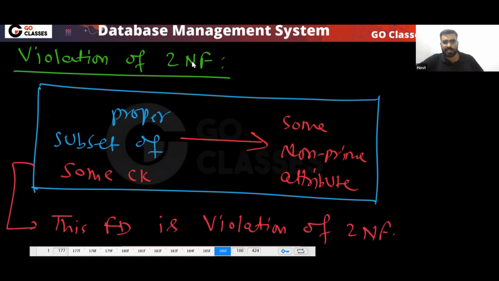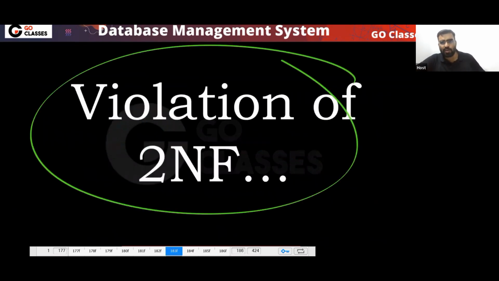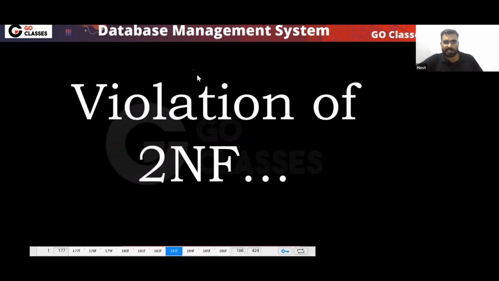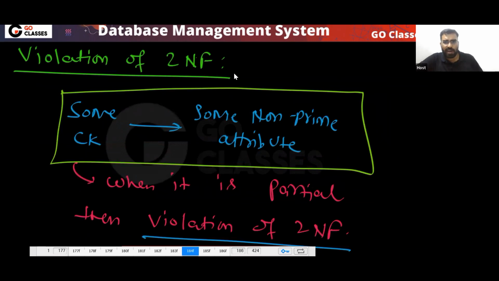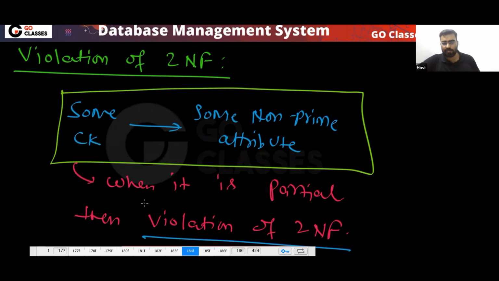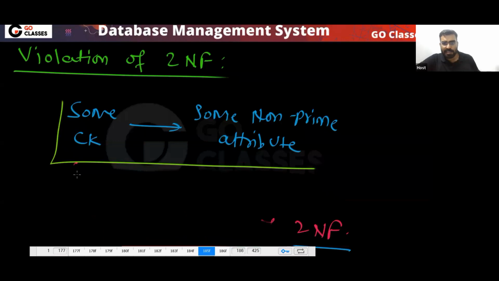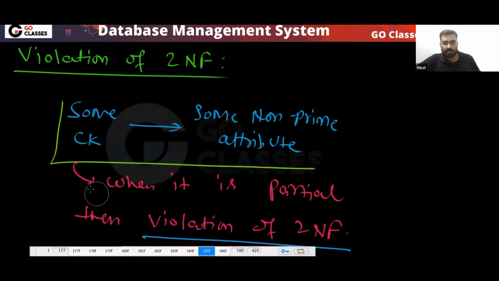Is this clear to everyone? Please tell me. Remember, it is a very simple point. I am finding the violation of 2NF, so just apply the definition. A violation of 2NF will happen when some candidate key partially determines some non-prime attribute.